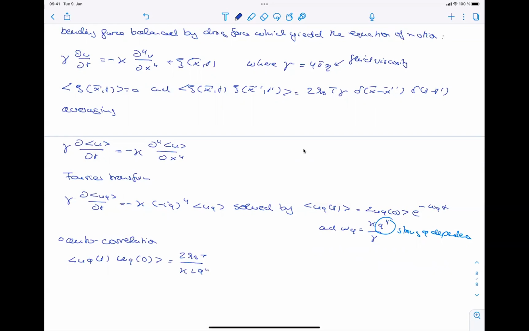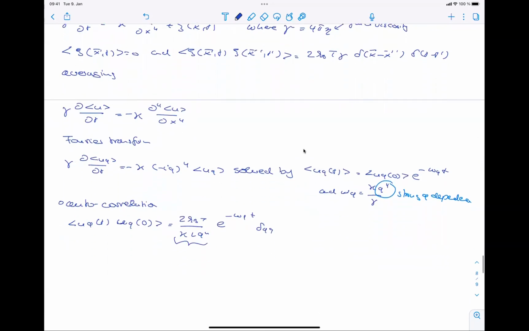I'm going to explain this shortly. So this is the correlation of uq(0) squared, which follows again from the equipartition theorem.